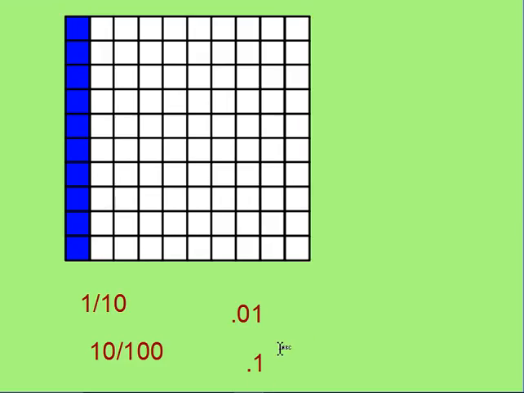Which one is correct? They can't be the same thing, because 1/10 is a lot bigger than 1/100th. I would say it is 1/10, wouldn't you? Not 1/100th.